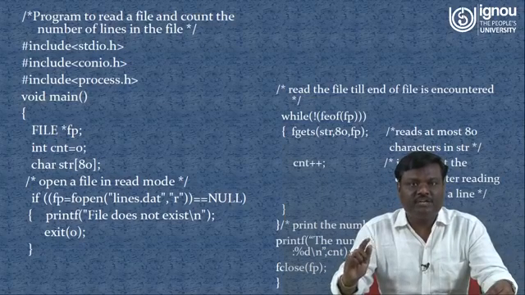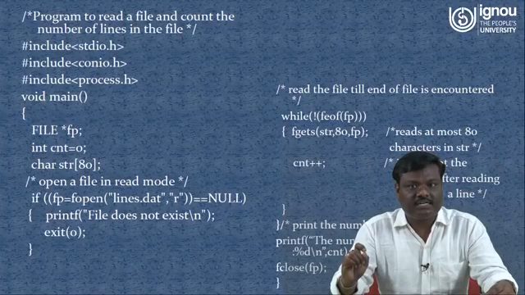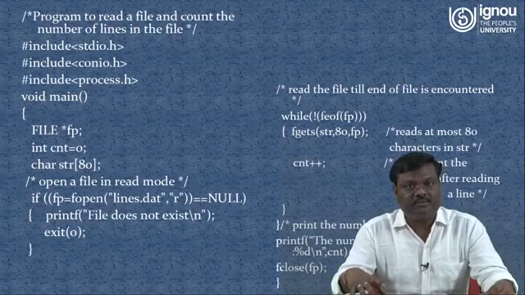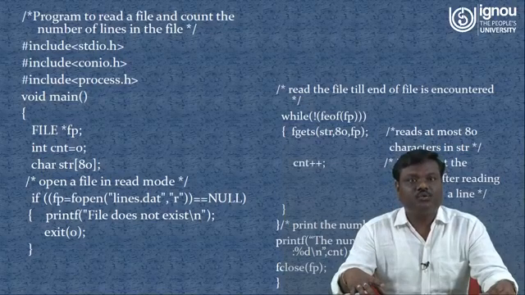Then for each line read until end of file, increment the counter, and at last we are displaying the count of the number of lines. So this particular program is to read a file and count the number of lines in a file.